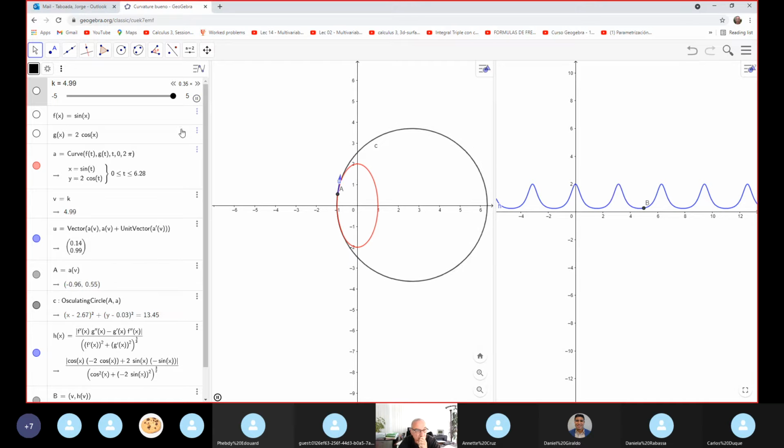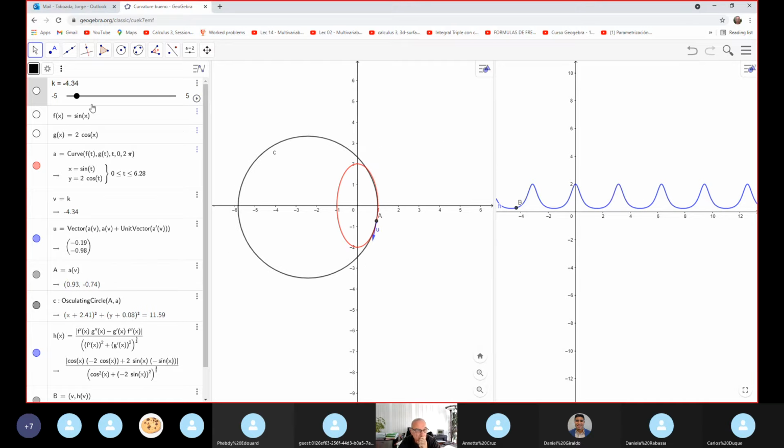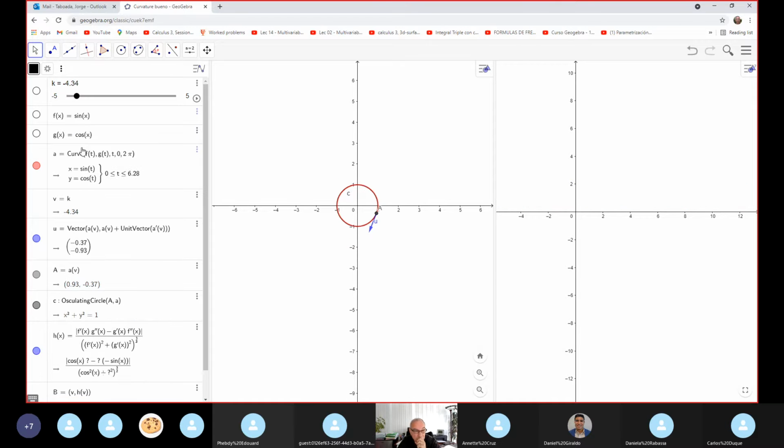I change the parametric equation. I put here, guys, we can use this script when you are doing homework number 4 for verification. I put here sine and cosine, but you can edit this script. This script I sent to you in the email. This is your super fantastic calculator to compute curvature. Just change the sine.